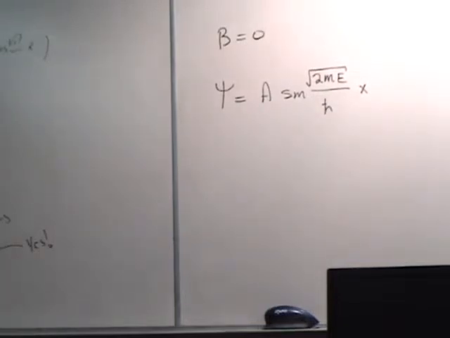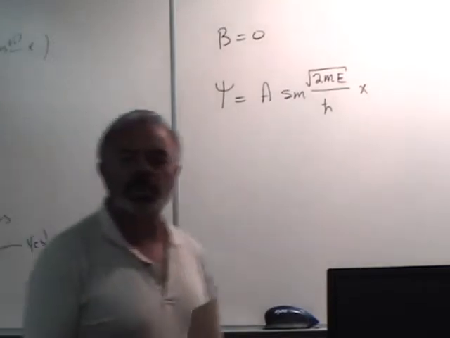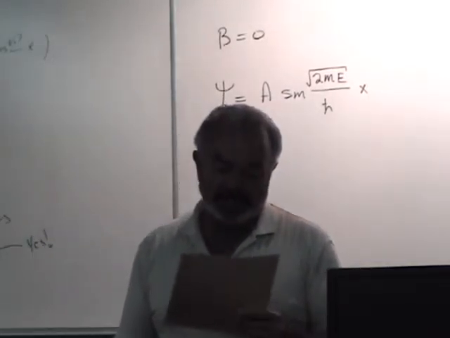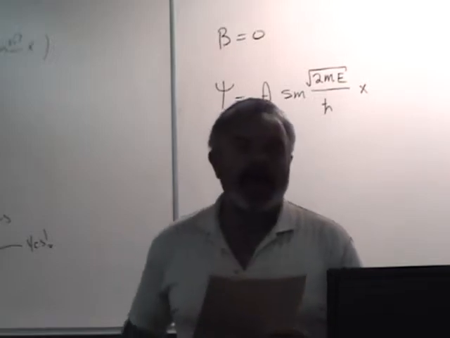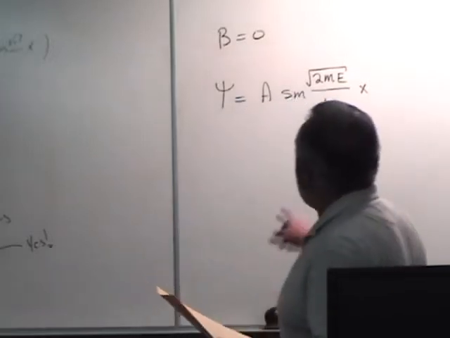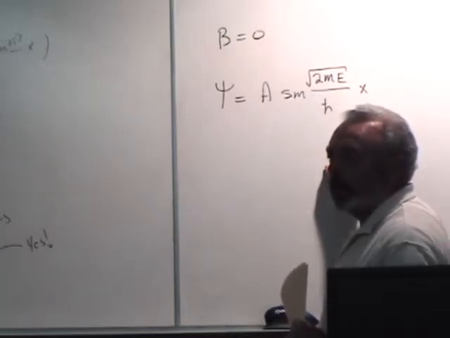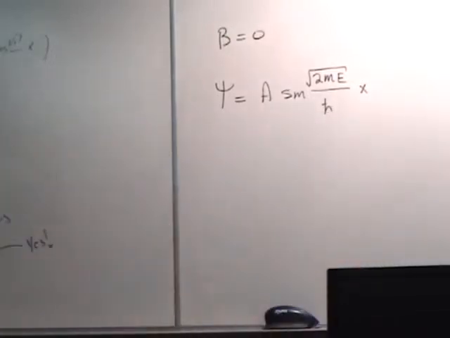Because when x equals 0, sine of 0 is 0. That's lovely. But we also must insist that when x is L, this is also 0. Essentially, ladies and gentlemen, we have to insist that there is a node here.